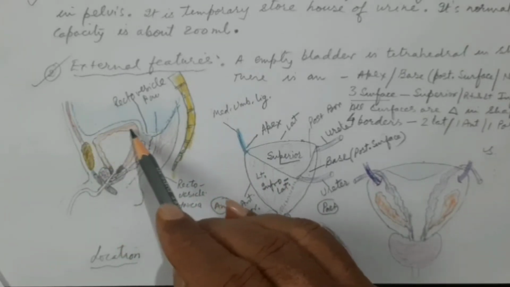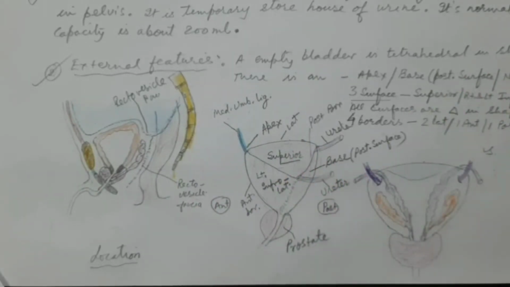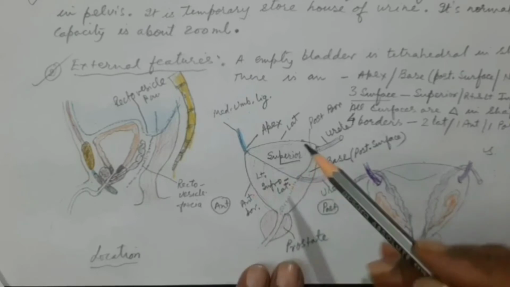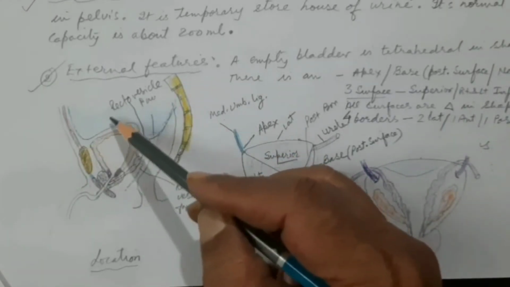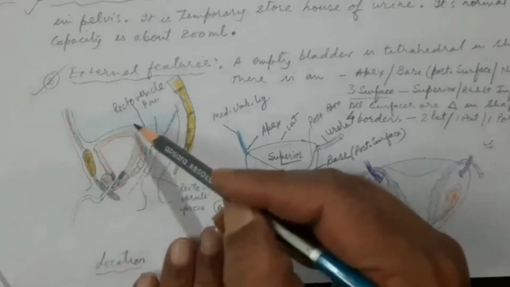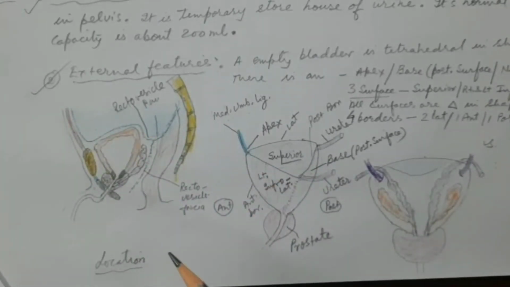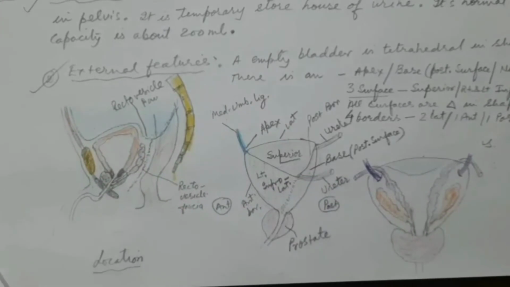Only the superior surface in the bladder is covered by the peritoneum, and this is in relation with either the sigmoid colon, or the coils of the terminal part of the ileum can rest onto the superior surface. So the coils of the small intestine and sometimes the sigmoid colon may be in relation to the superior surface, which is covered by peritoneum.